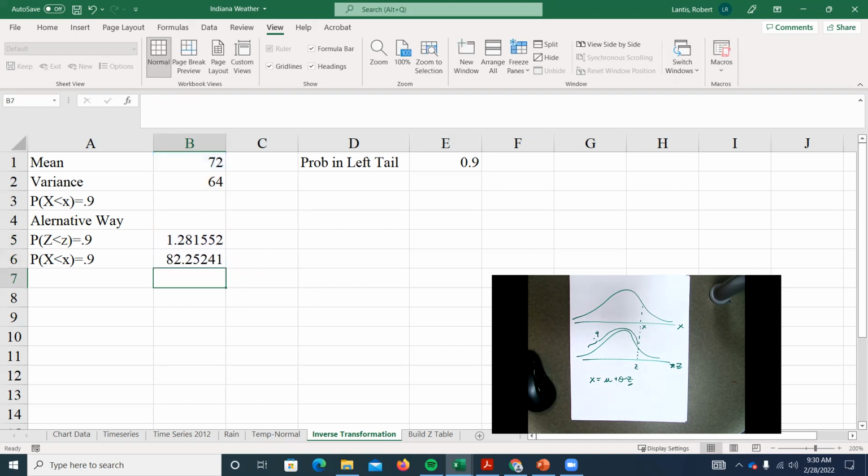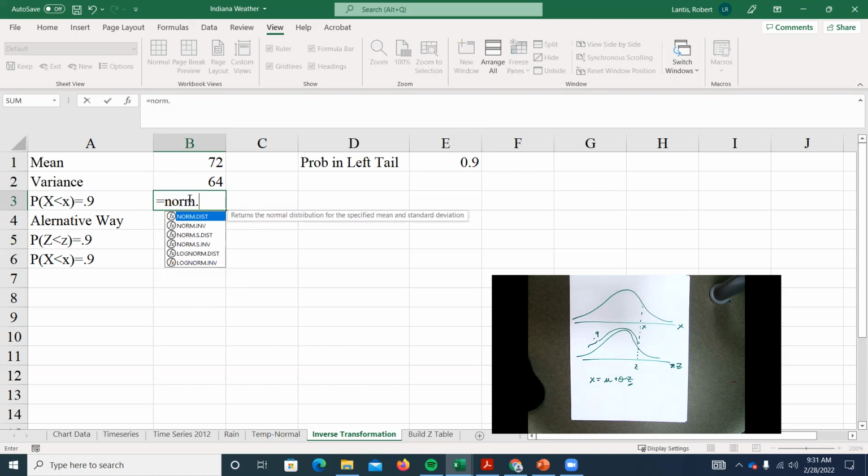So that's working in reverse. Now there is a built-in equation if I just want to skip the middle part, right? Just like norm.dist did all the work for us behind the scenes instead of using norm.s.dist and then having to see the z-value, we skip all that.